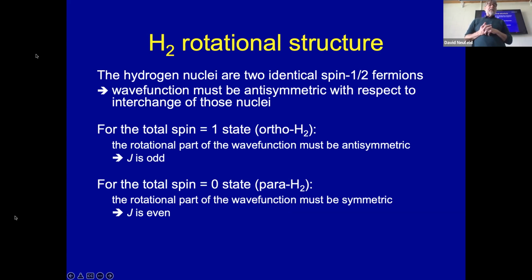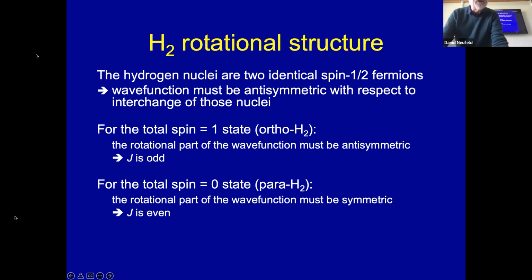There's a spin part and a part associated with the rotational motion. And so there are 2 cases. You could either have these 2 spin 1/2 fermions aligned, to give a total spin 1 case, where the spin part is symmetric. So that would mean the rotational part has to be antisymmetric. And that actually requires then that the rotational quantum number is odd.